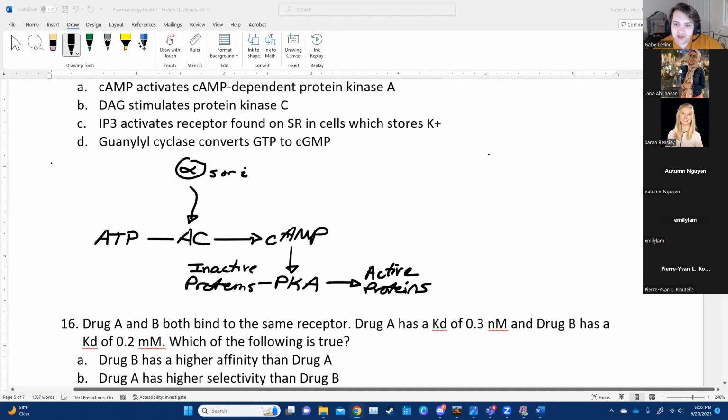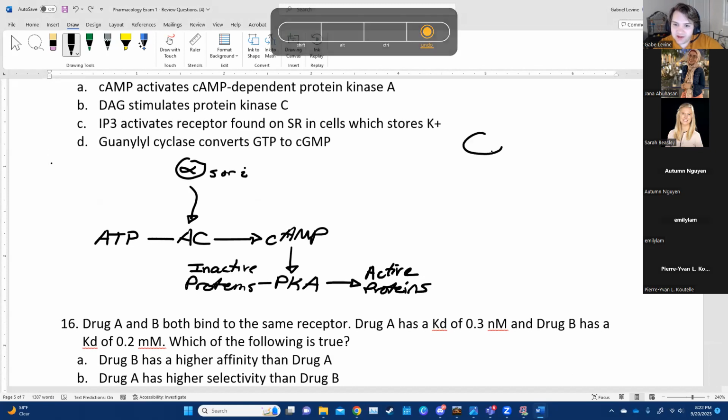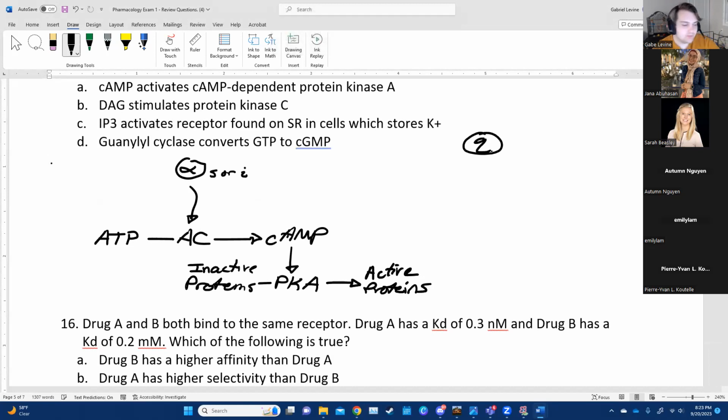For Gq it is a little bit different. Gq will activate phospholipase C, which is going to break down those phospholipids that are in the membrane into IP3 and DAG.